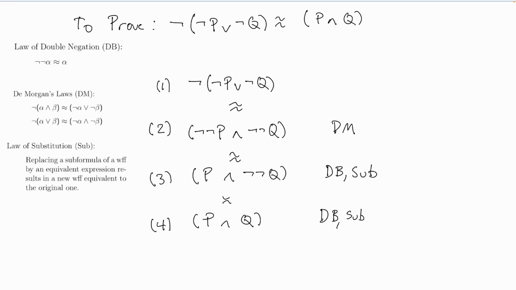Second, we only ever perform one substitution at a time. So rather than jumping straight from not P and not Q to P and Q, we first replace not P with P and then replace not Q with Q. It wouldn't be terrible to allow multiple substitutions at once, especially if, like in this case, it's the very same law justifying each substitution.